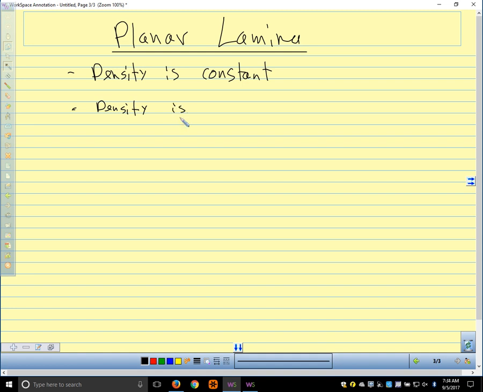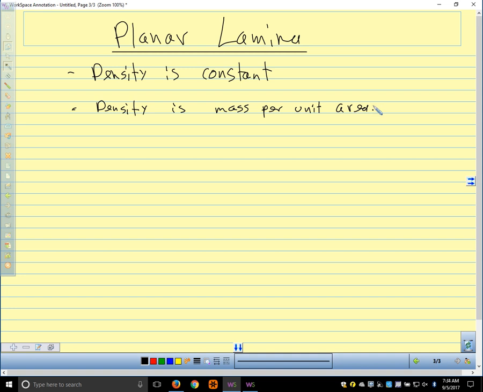We're going to measure for planar lamina. Density is mass per unit area. So in the metric system, it would be kilograms per square centimeter or something like that.